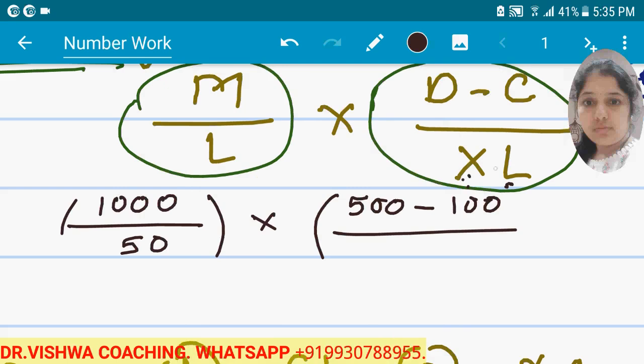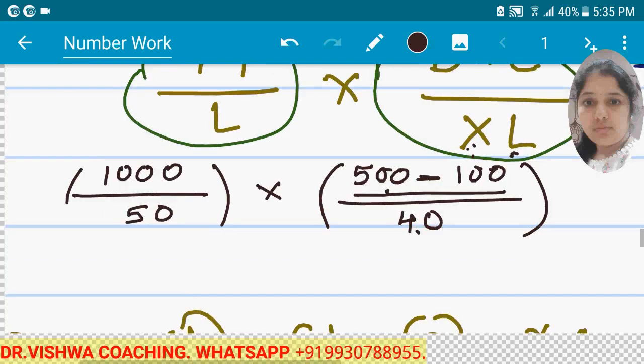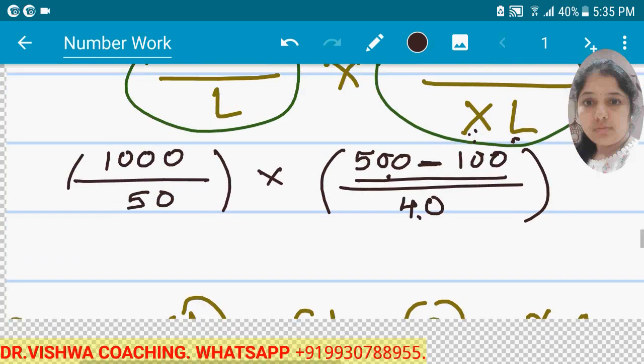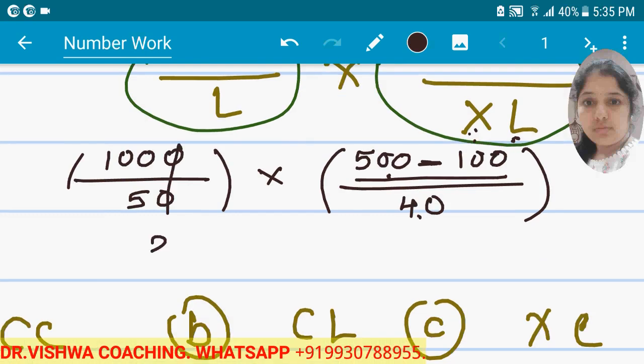The smaller number is written at the left side, so you have to subtract 10 from 50, so the number is 40. Now here I will subtract this 100 from 500 first and then divide by 40. Okay, so 1000 divided by 50 is equal to 20, multiplied by 400 divided by 40, which means 10.